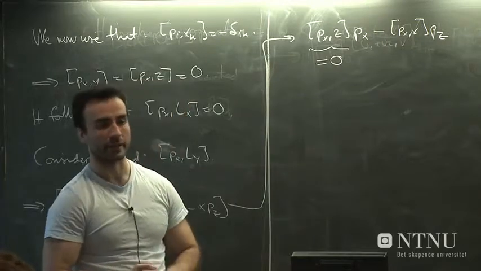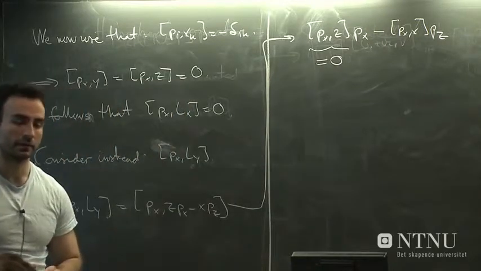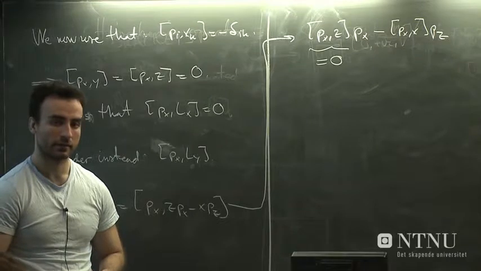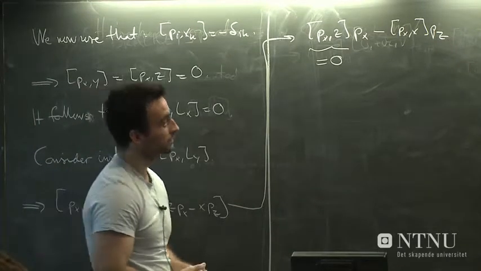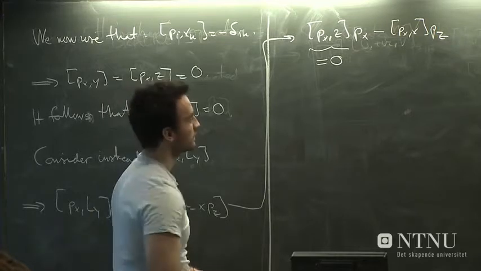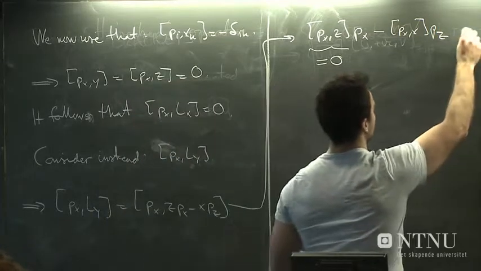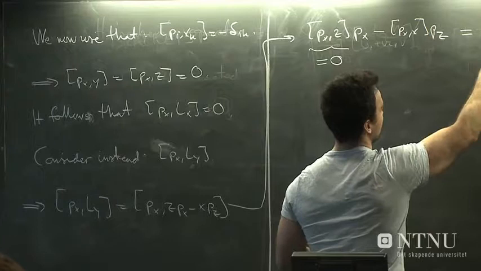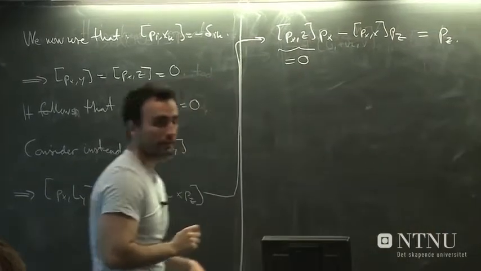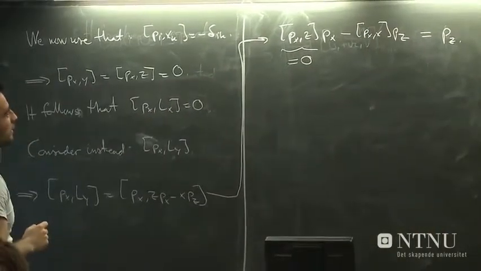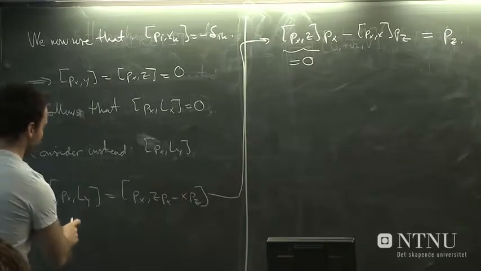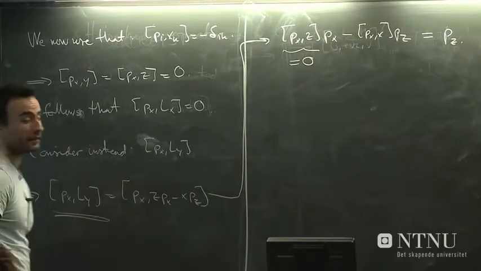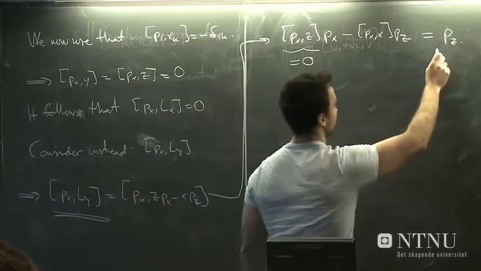Can we make the Poisson bracket go away somehow? Well, again, you have the Kronecker delta, only this time it's 1, so that turns into minus pz. All right. So this should actually be pz. It's the minus Kronecker delta, sorry. Yeah. So we've then found that the Poisson bracket here is just pz.